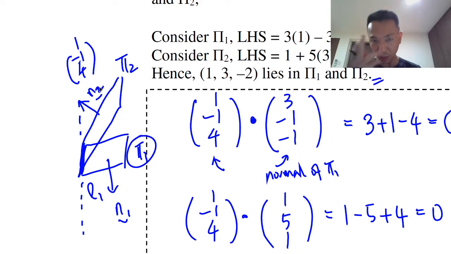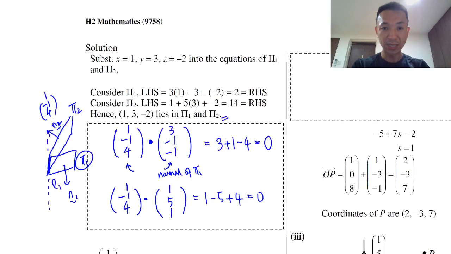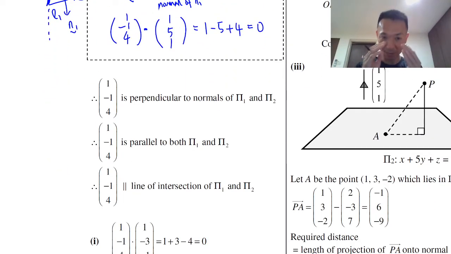I also get 0. It means that 1, minus 1, 4 is perpendicular to n2, which means it is parallel to pi 2. Good. That means 1, minus 1, 4 is parallel to pi 1 and pi 2. That means it must be the direction vector of the line of intersection. That's all.